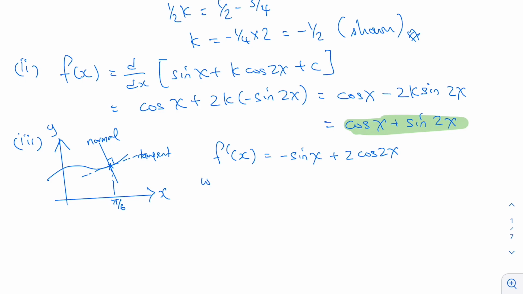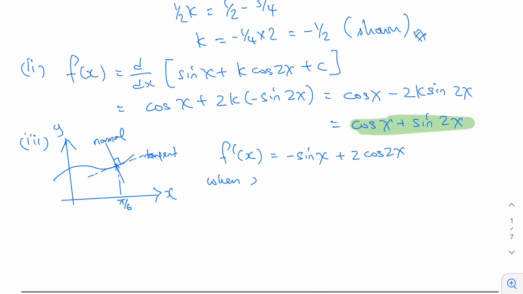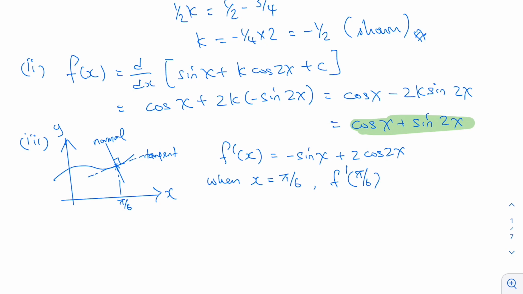And when x is equal to pi over 6, you get negative sine pi over 6 plus 2 cosine pi over 3.